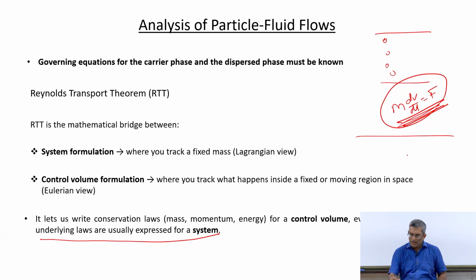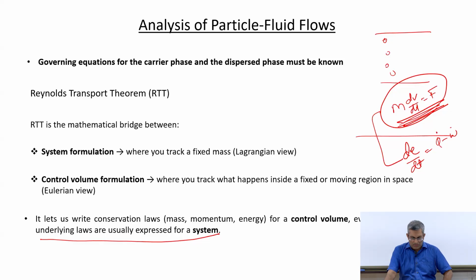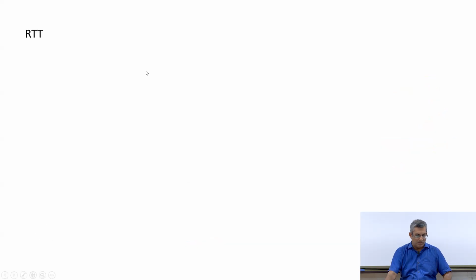That is, the rate of change of energy of a system is equal to the heat transfer minus the work transfer. But both of these refer to the Lagrangian frame. So, we have to transform them to the Eulerian frame of reference, and that is what the Reynolds transport theorem does. Now let us look at this in some detail.